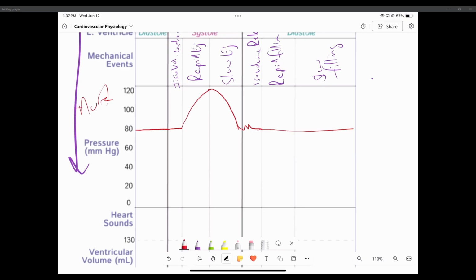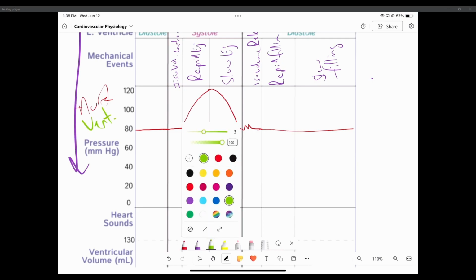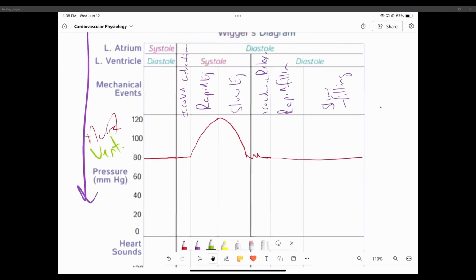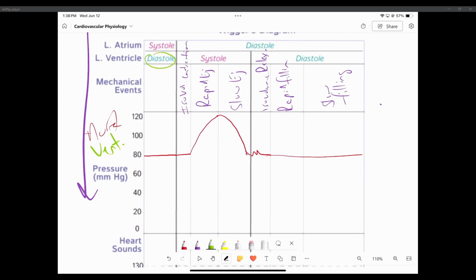Okay, now let's add in our ventricular pressures. And ventricular, we're going to do in green. So, during ventricular diastole, which is where we're still in at the first block, where should your ventricular pressure be hovering around?